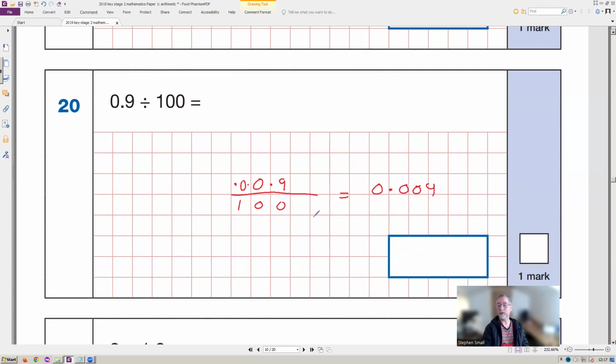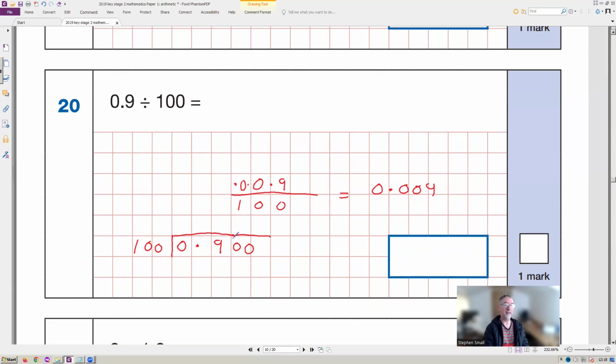Yes, it's going to be 0.009. Now, we've got a bit of time, so I'm just wondering if I could work that out using the bus stop method, just to prove it. If I get too confused, I won't do it, but 0.9, I'm going to do it like this. I'm going to add a few zeros on it, just to see if we get to the same thing. 100 and the 0 won't go. Oh, that's no good. 109 won't go, so I have to move the 9 over.